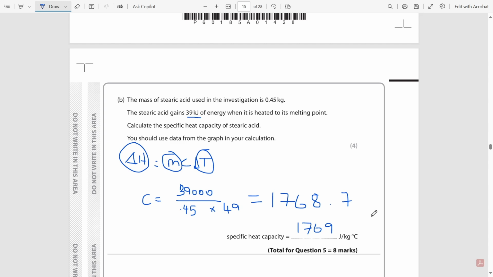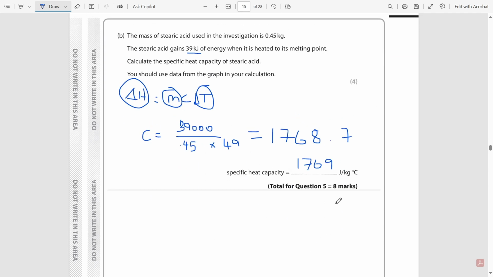The answer on my mark scheme would be 1,800, but I like to do this anyways. You can round it to 1,800 if you want, but I like to do this just in case, because I'm a little bit scared of how they want me to answer the question. They always accept you giving too much, so it's okay.